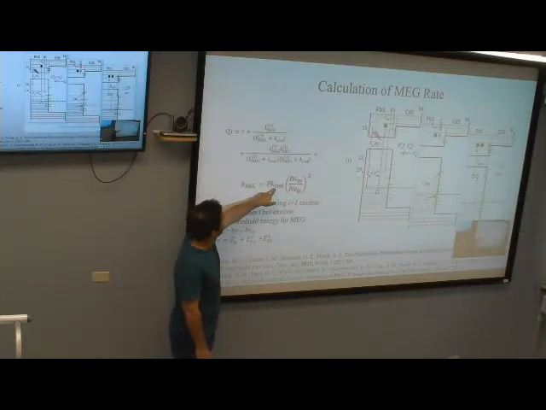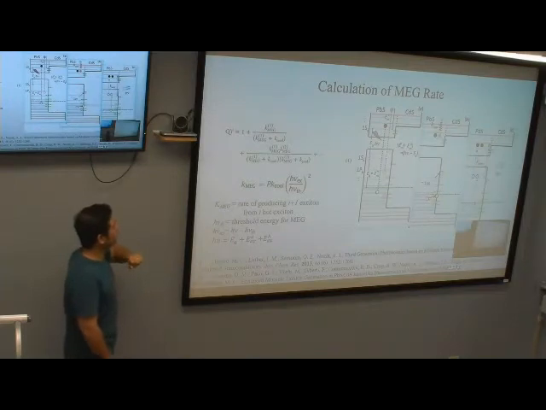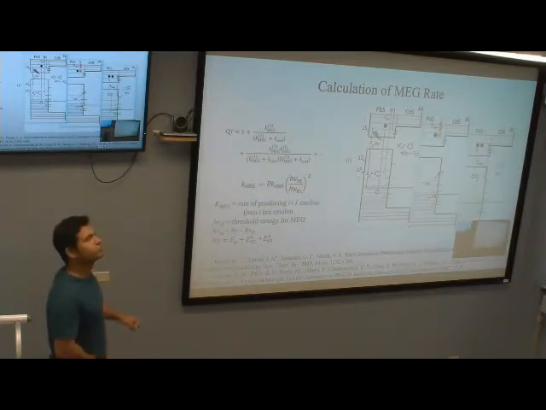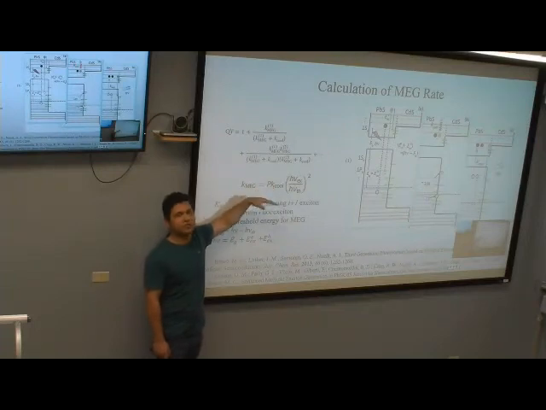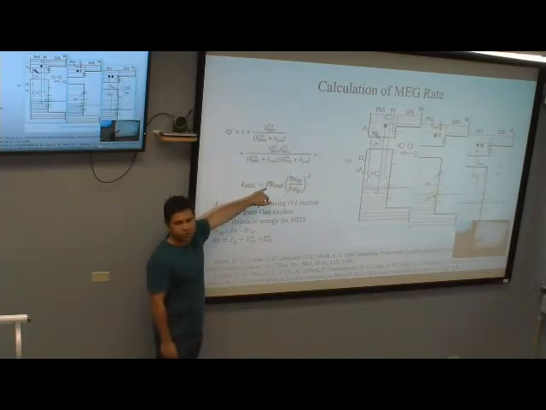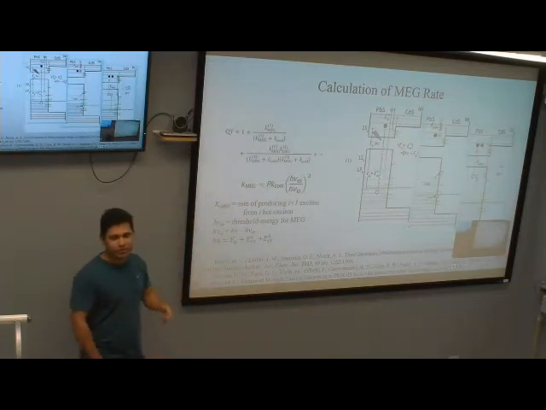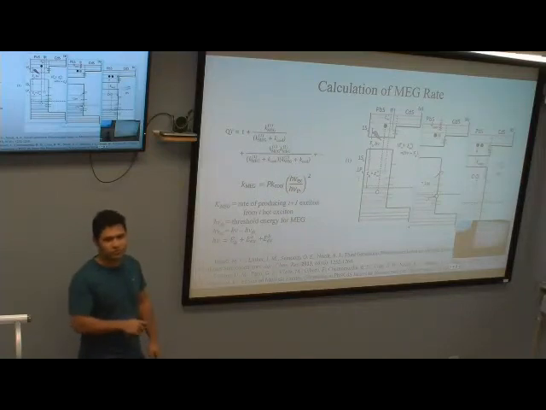That means this number is going to be... sorry, this one is going to be too small. Too small means the relaxation time is longer, the rate is very small. So if you increase one, it makes the other term very small.